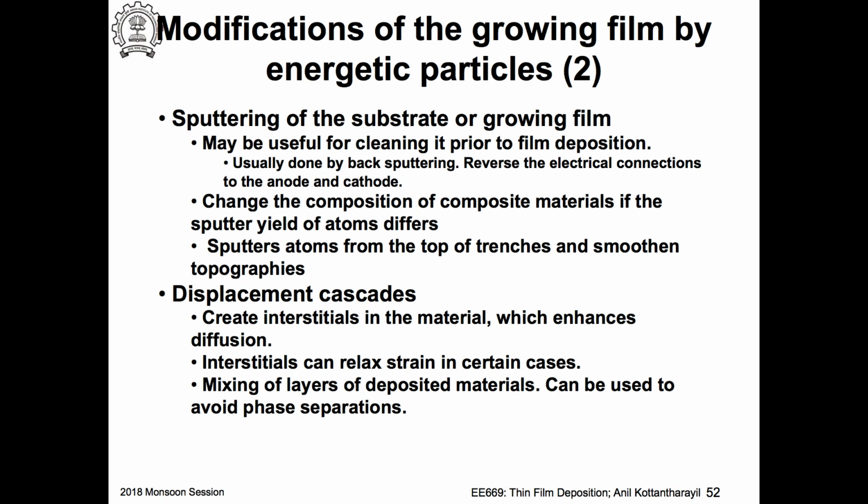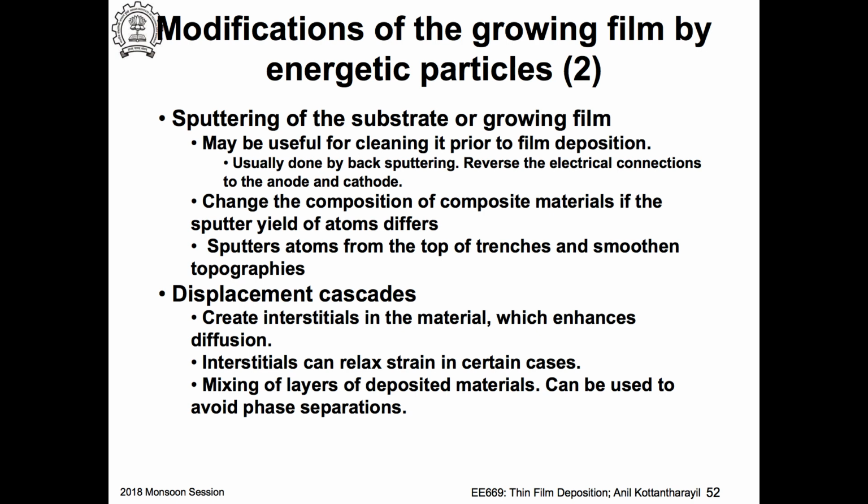Okay, so there is a higher potential drop across that, and as a consequence, you can remove atoms from the surface of the substrate. So this can be used for cleaning. It's called back sputtering.